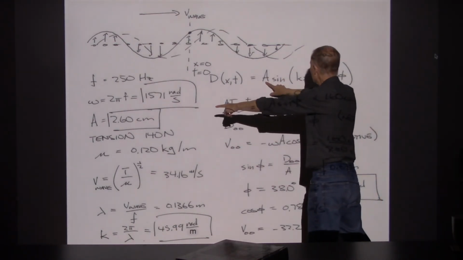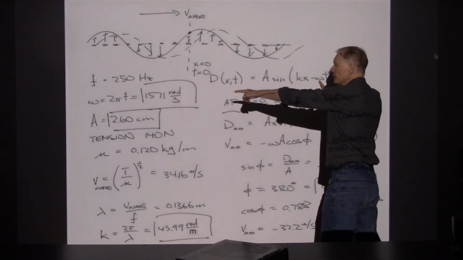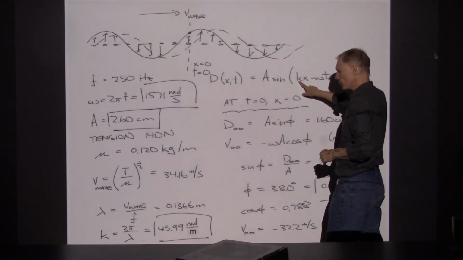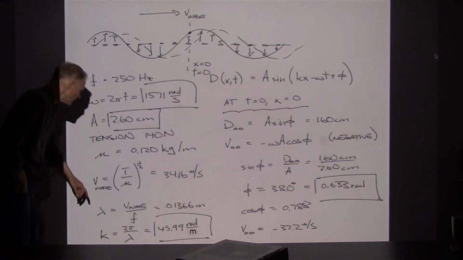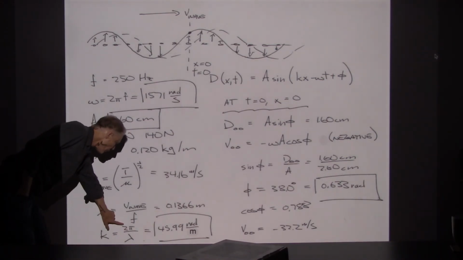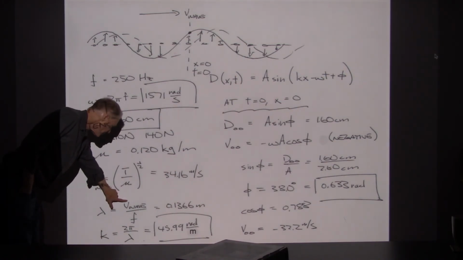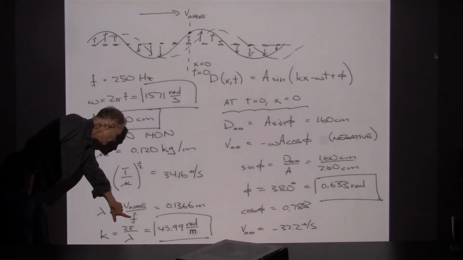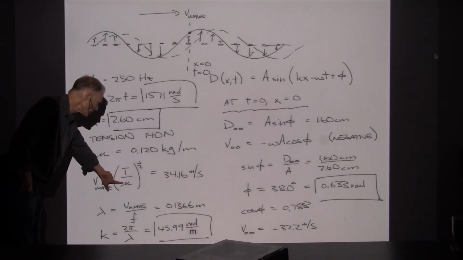The amplitude was given. The frequency I had to calculate as 2 pi times f, but now I have it. What about the wave number? Well, that took some doing. The wave number is equal to 2 pi over the wavelength. The wavelength is the speed of the wave over the frequency, and the speed of the wave is the square root of the tension over the linear mass density.